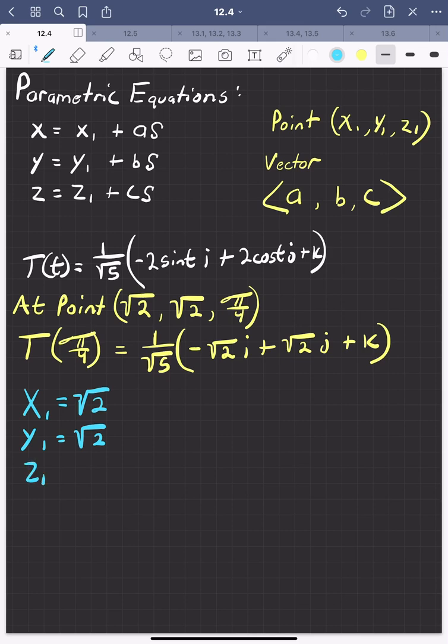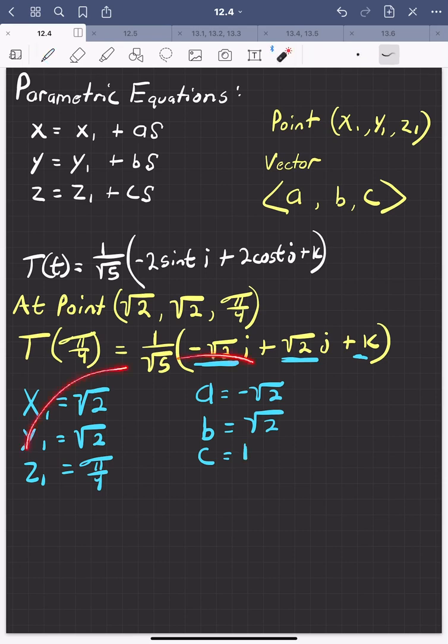And z sub 1 is going to equal pi over 4. And now, in terms of our vector, a is going to be equal to, well, do you recall? That's going to be this i component, so negative square root of 2. b is going to be equal to this j component, so that's just the square root of 2. And finally, c is going to be equal to this k component, which is just 1. Ready? We have everything we need to plug into our parametric set.